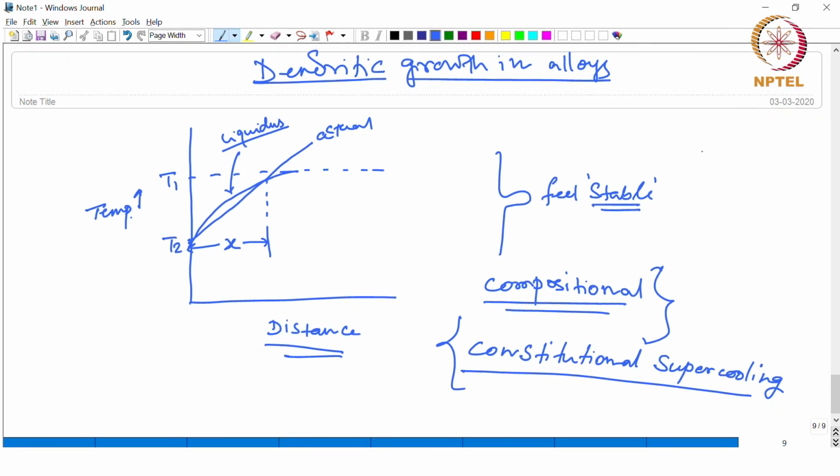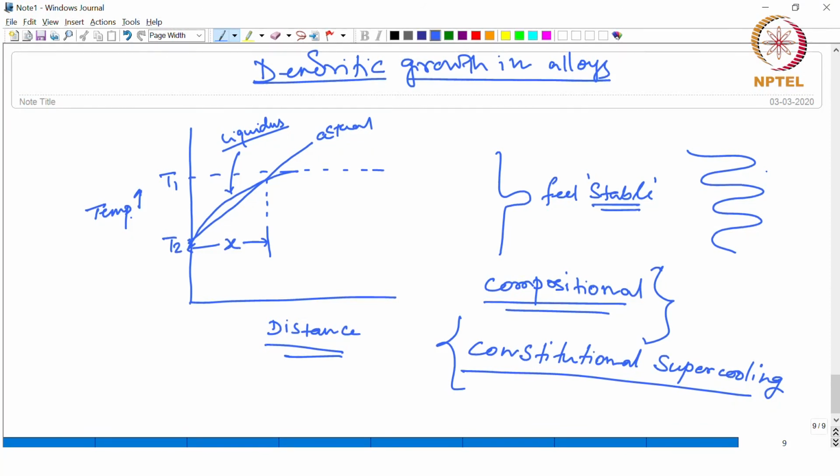So, this kind of arms can then develop because the liquid around it is supercooled, as we have discussed. The liquid is at a temperature which is below the liquidus, and as a result these kinds of cells or arms which grow from the interface will be stable, and then they will continue to grow as a solid phase, giving rise to the dendritic structure that we have seen before.